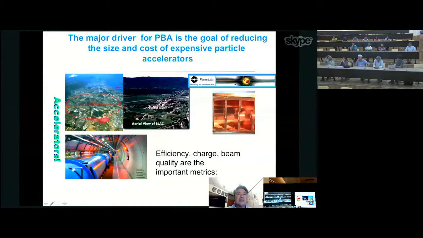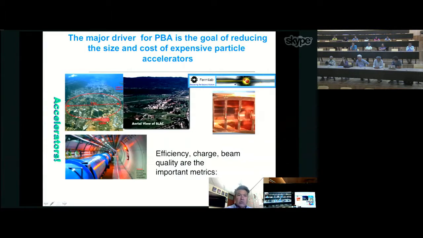For example, right now the largest is the LHC, which is 30 kilometers in circumference. Other large machines are X-ray FELs, like the LCLS at SLAC, which is several kilometers long. So these are 20 billion or more. It is several billion dollars to build a light source.